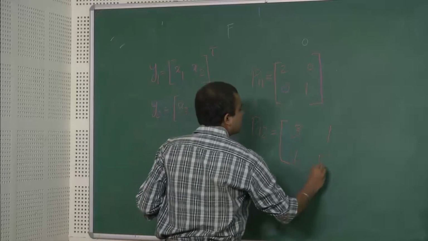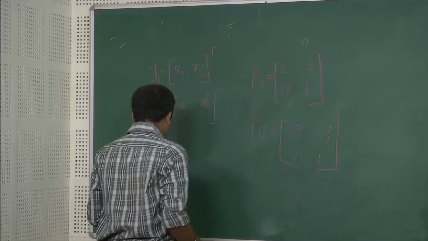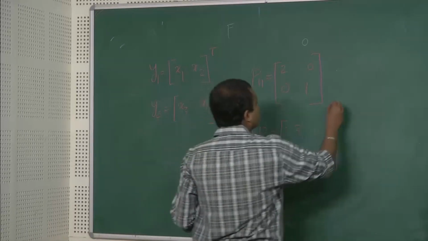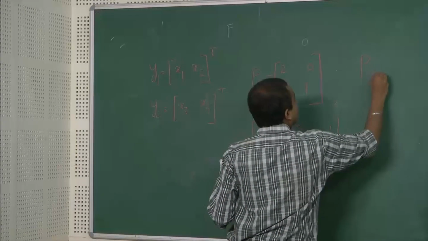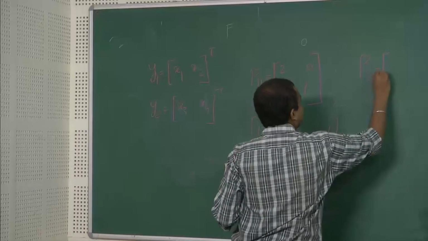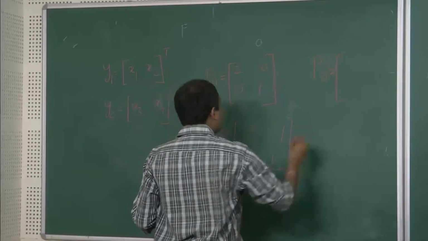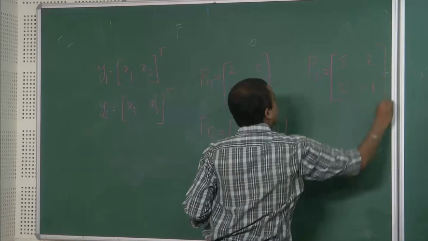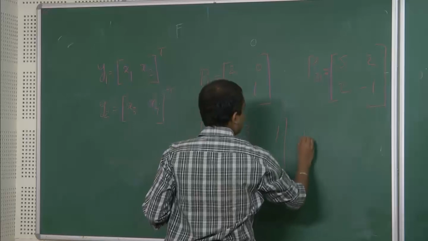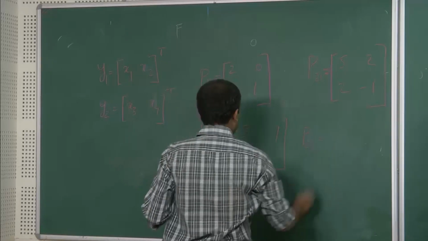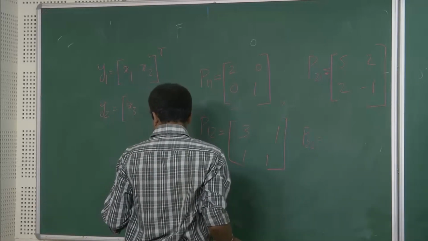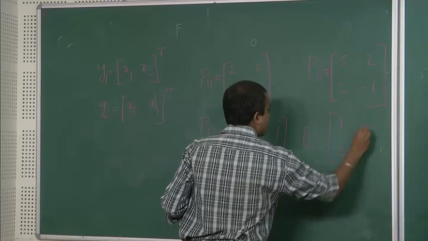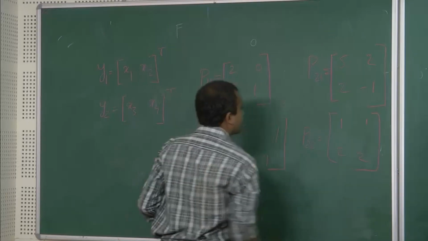We will see that here we will end up doing inverses of 2 cross 2 matrices instead of 4 cross 4. Okay. So P21 is 5 2, 2 minus 1, P22 is equal to 1 1, 2 1.